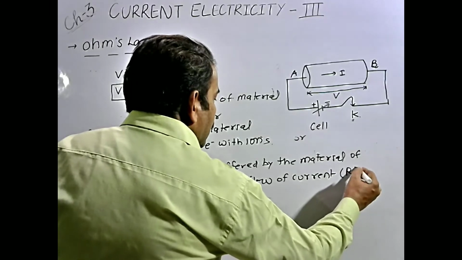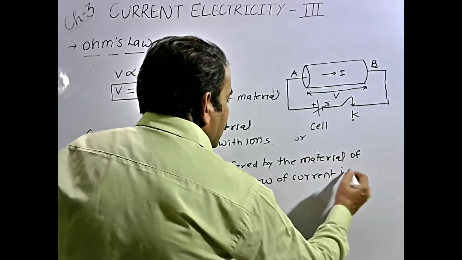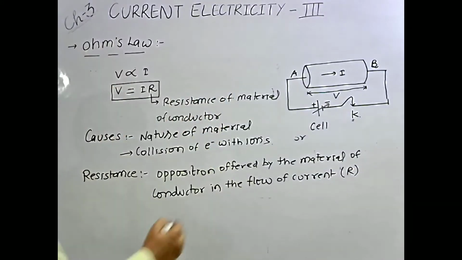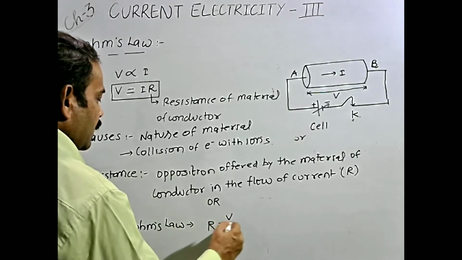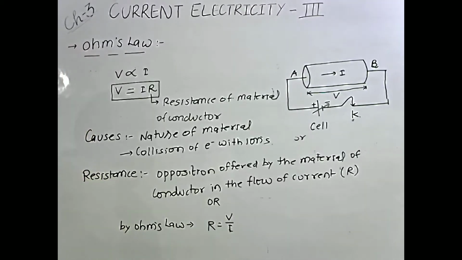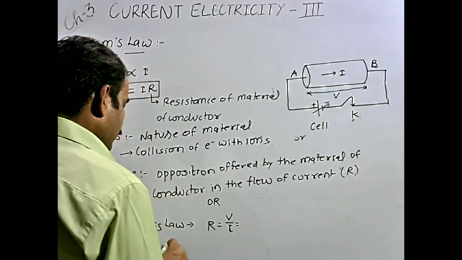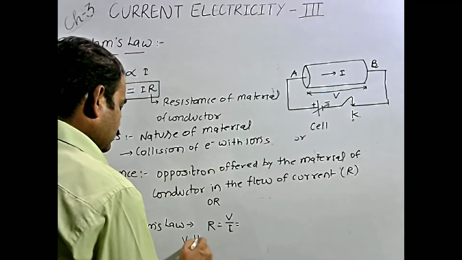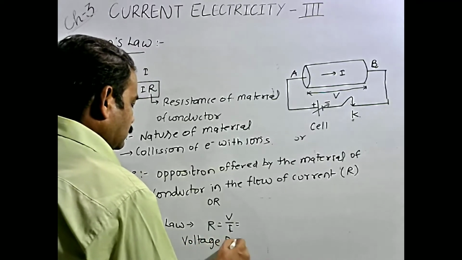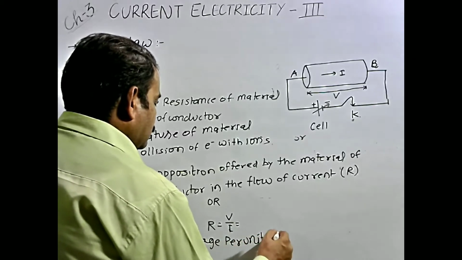It is denoted by R, and from Ohm's law it is defined as R is equal to V upon I. That is, according to Ohm's law, resistance is defined as voltage per unit current.